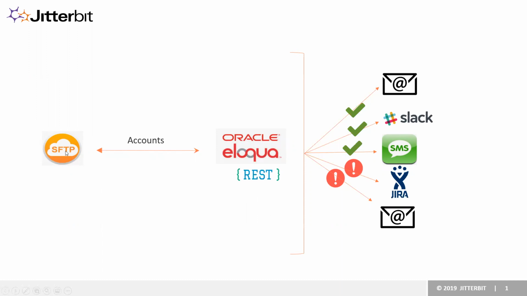And then the other use case would be we will be creating new accounts coming from SFTP and inserting them into Oracle Eloqua. Here we'll look at some of the options where you can use email alerts, SMS, create JIRA cases. These are just a few examples of alerts and notifications.